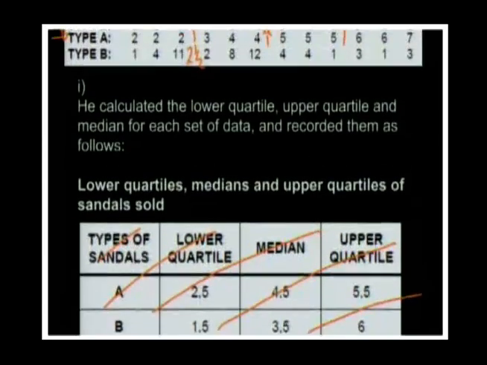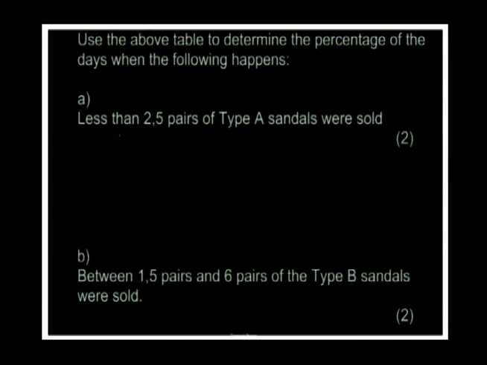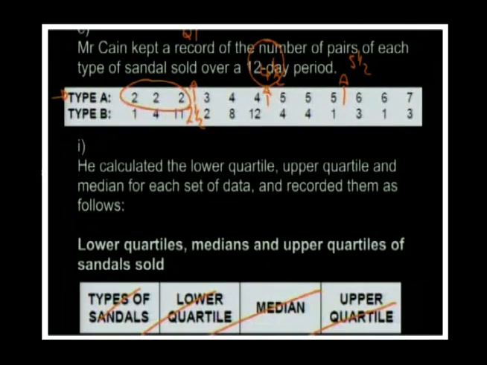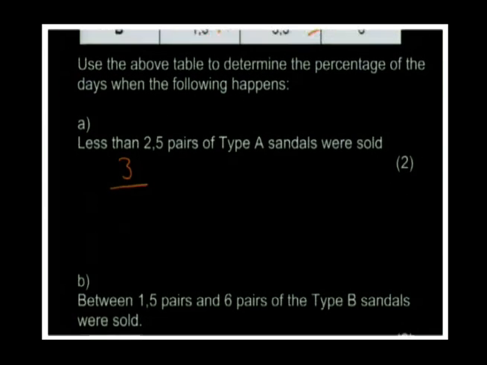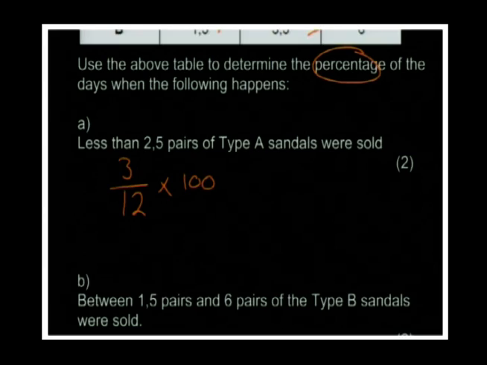So let's have a look. When we're less than 2.5, 1, 2, 3 of them. Okay, so we can say 3 of them out of a total of how many? 1, 2, 3, 4, 5, 6, 7, 8, 9, 10, 11, 12. So 3 of the 12, and we want it as a percentage, so we're going to times it by 100.